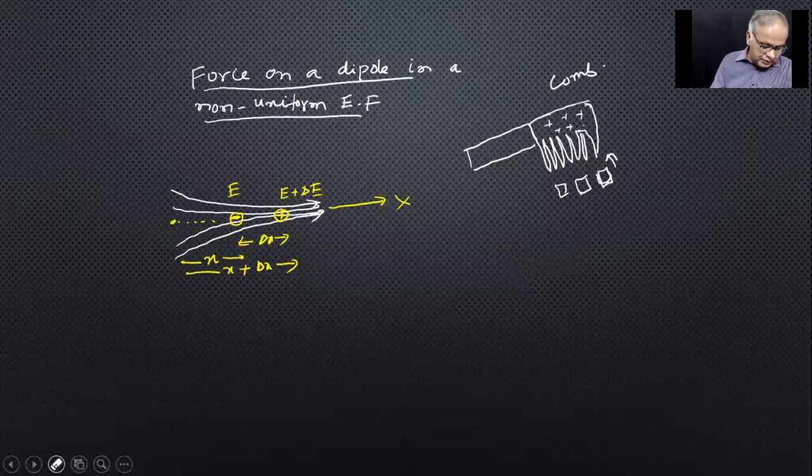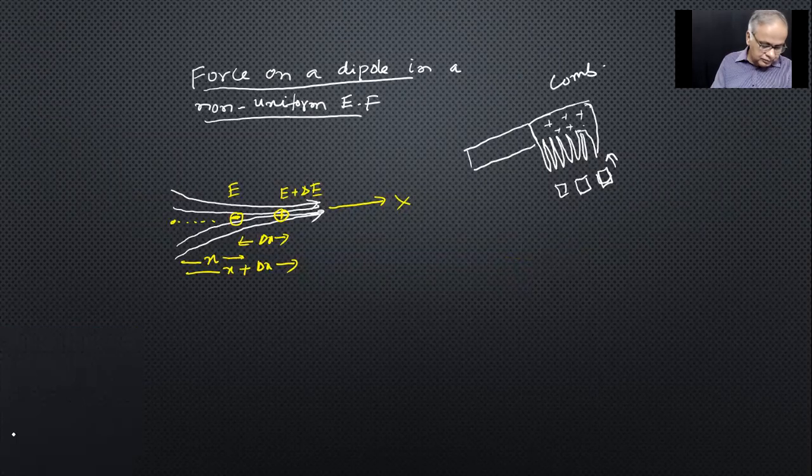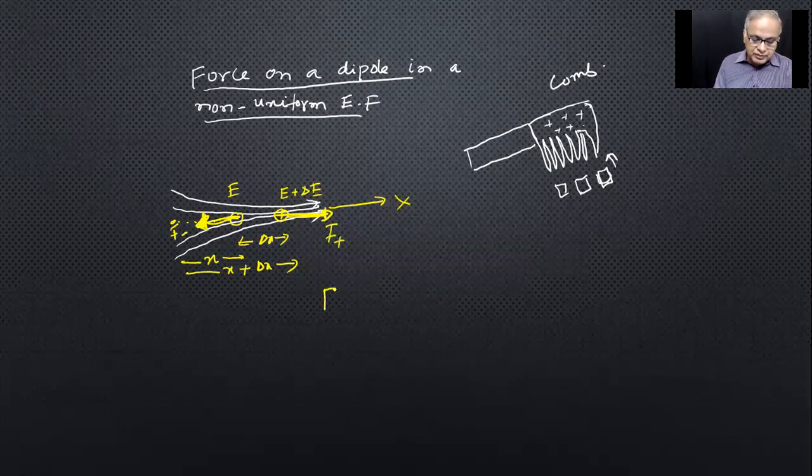Now, what is going to happen? Can you guess? This will experience a force like this, F on minus. This will experience a force like this, because E is towards right. This is F on plus. So the net force will be F plus minus F minus.